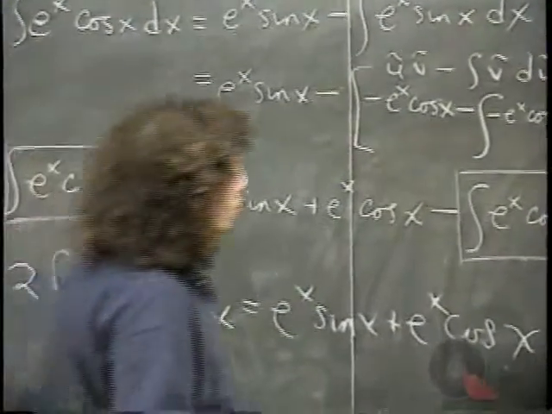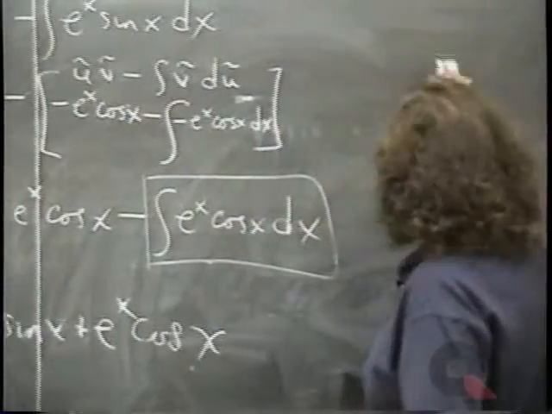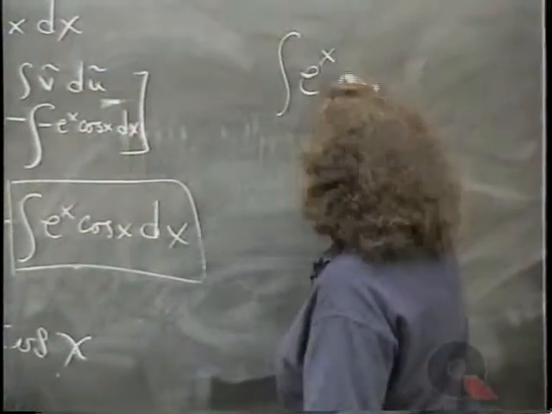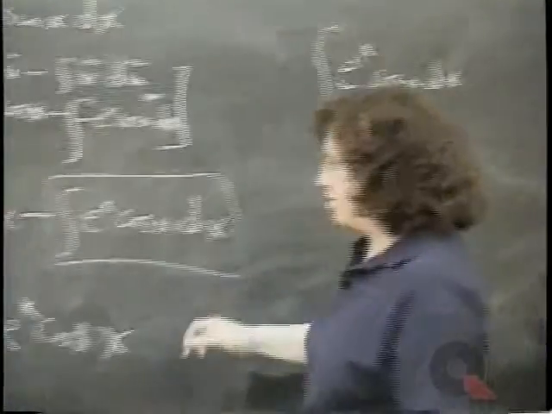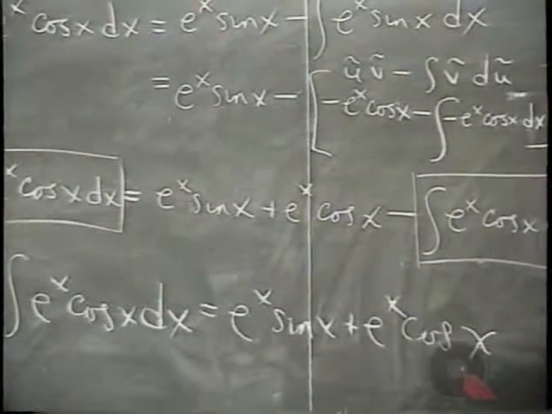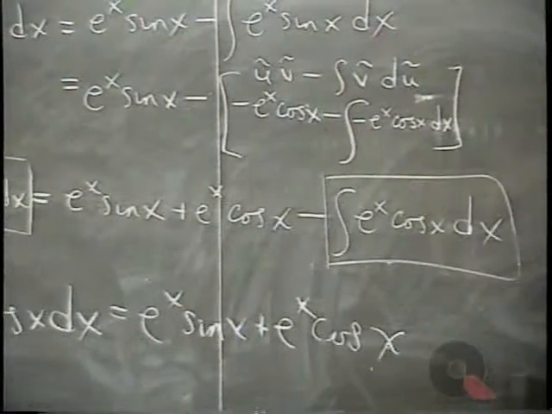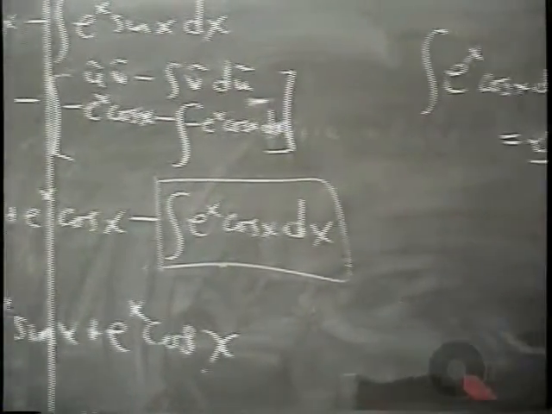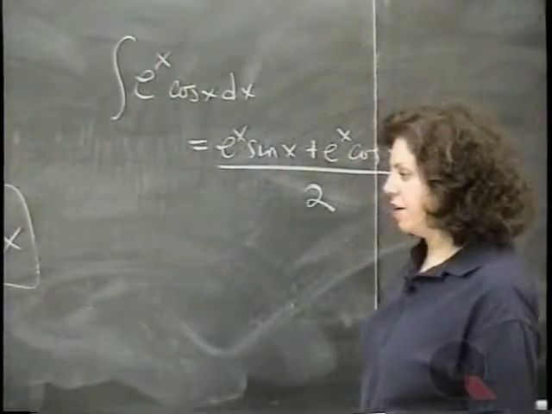If I divide by 2, I'm going to get what I'm looking for, which is the integral of e to the x cos x dx equals e to the x sine x plus e to the x cos x all over 2 plus, now it's the end of the problem, so I'm going to write a plus a constant at the end.